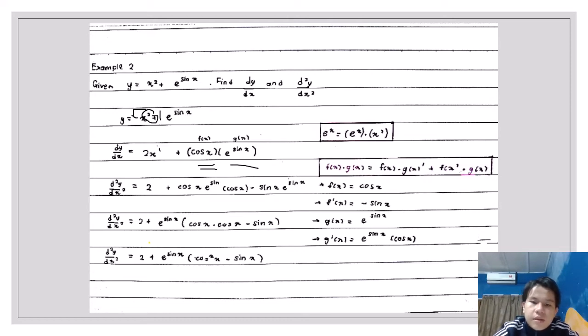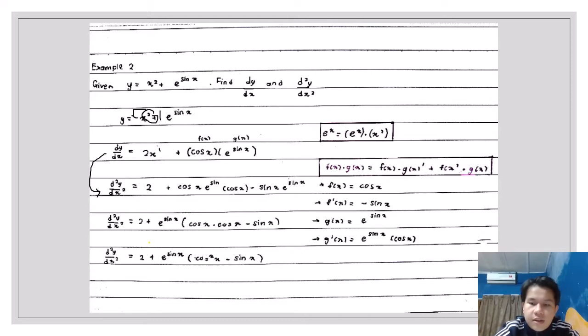To differentiate a second time, we found that right here we have two brackets, so we can calculate this as f(x) and g(x).